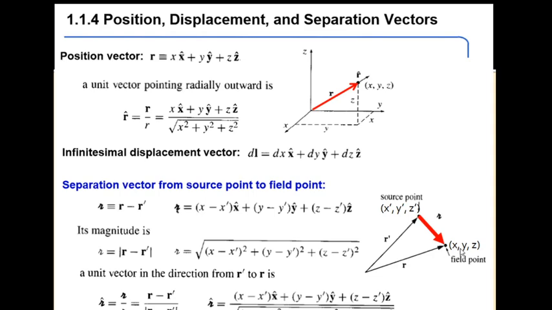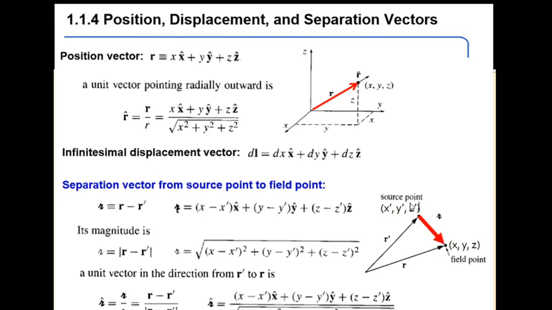So you have two position vectors. If you take the difference of these two position vectors, you get the separation vector. The separation vector is written as a curly bold r.